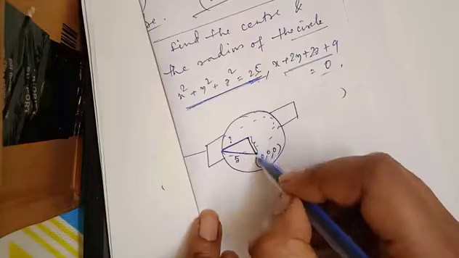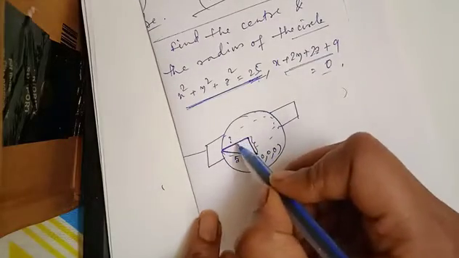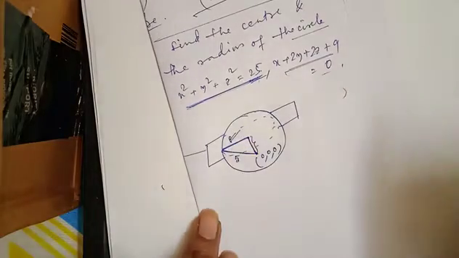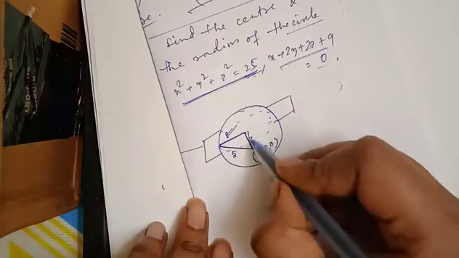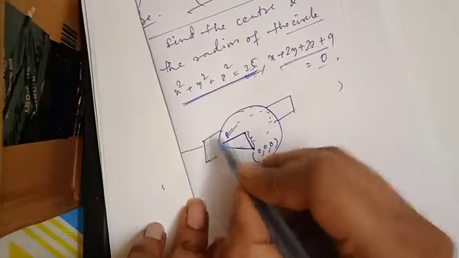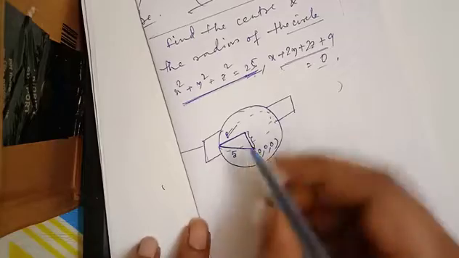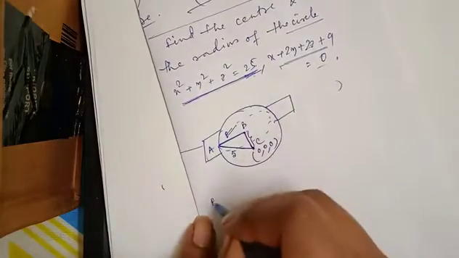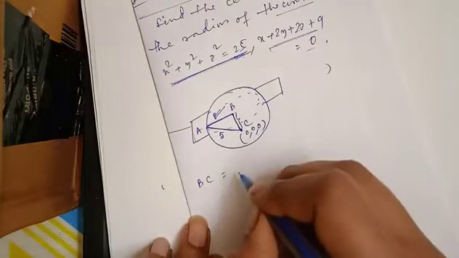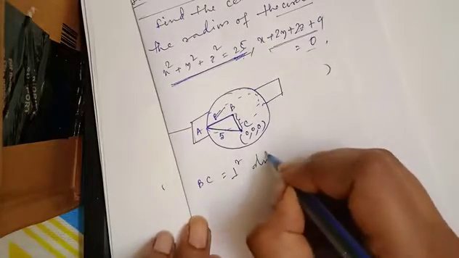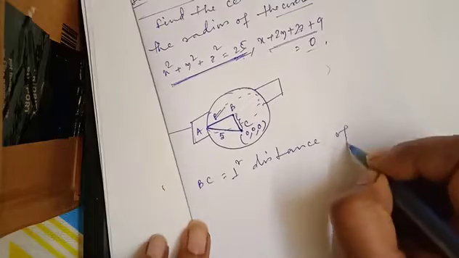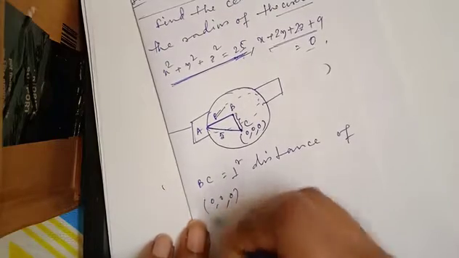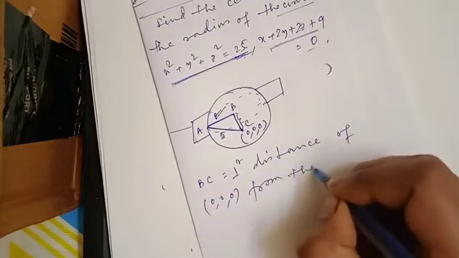Somehow we can find this length by Pythagoras theorem. This is actually the distance of the plane from the point 0, 0, 0. If we name it A, B, C, then BC is the perpendicular distance of 0, 0, 0 from the given plane.